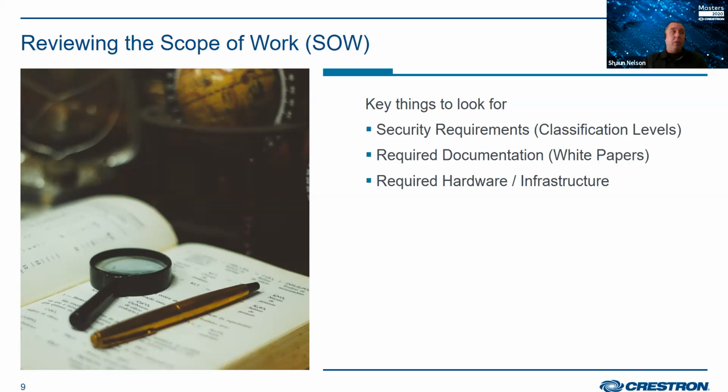I've run into a lot of situations where RF in general is not allowed. They specifically say we want either copper or fiber, and they do allow IR, but the problem with IR is you don't get feedback. So it's a lot of different things that you have to be kind of aware of, so to speak, as you're looking through everything. Yep.